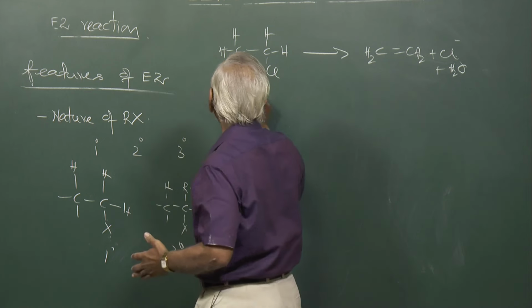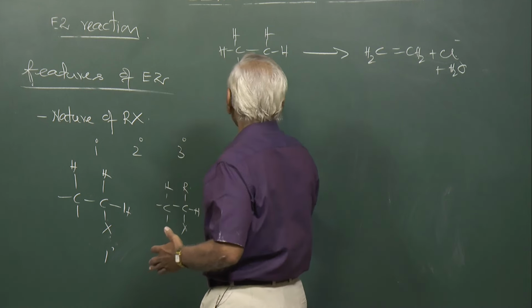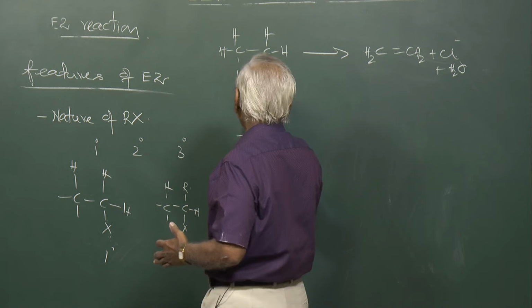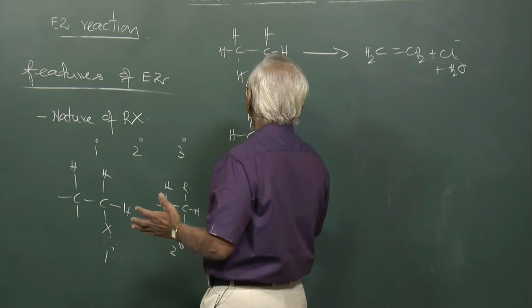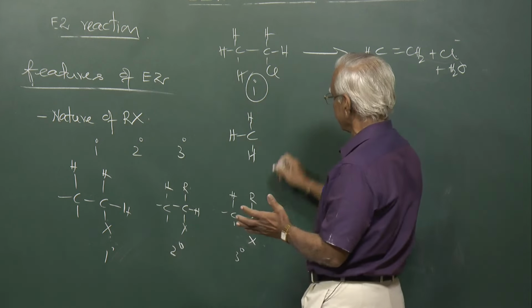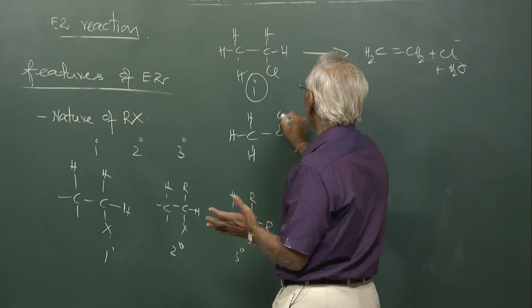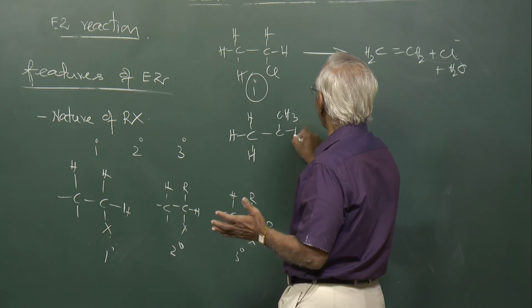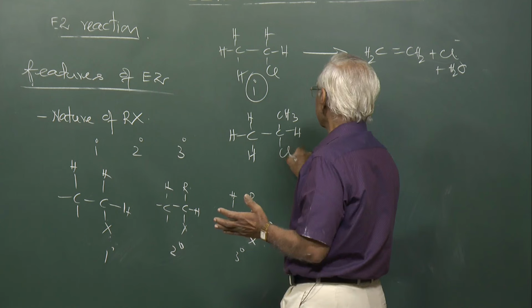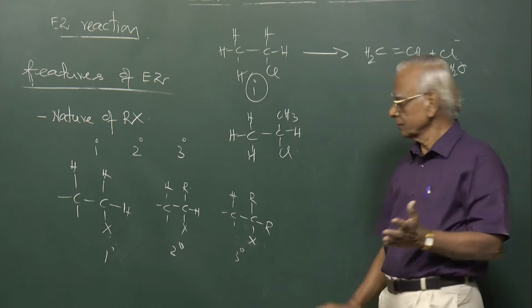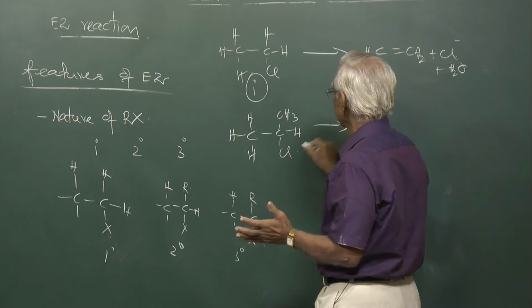It's a primary halide. Let me take a secondary halide. No change with regard to the beta carbon atom. I got one methyl group or any alkyl group. What should be the product now?